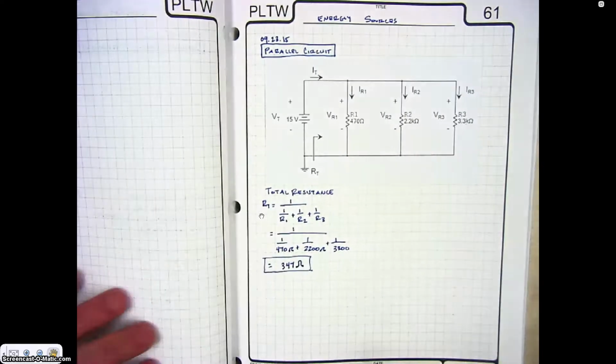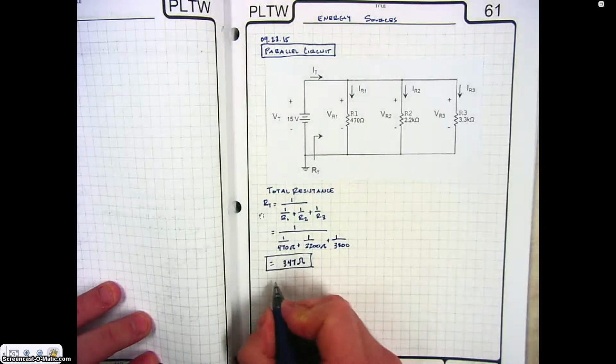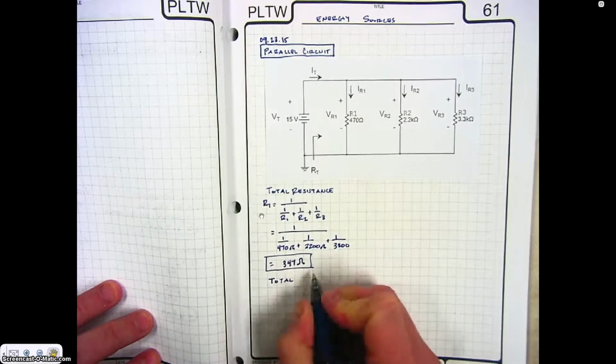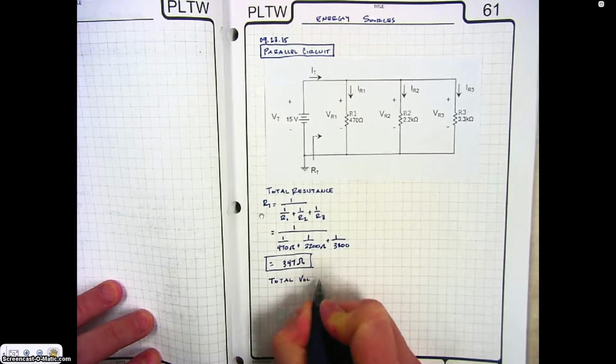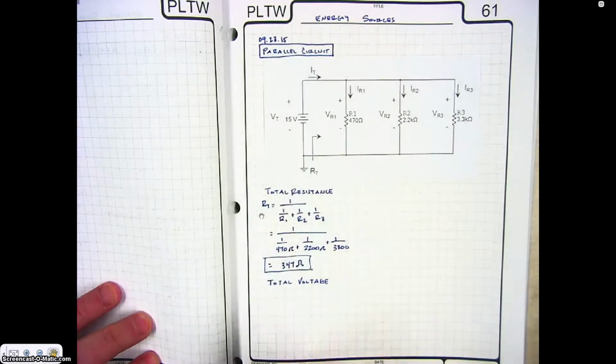The next thing we're going to calculate is total voltage. This is one of the things that you need to just understand about the difference between a parallel and a series circuit.